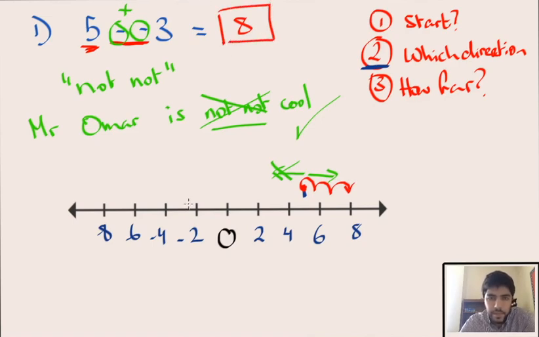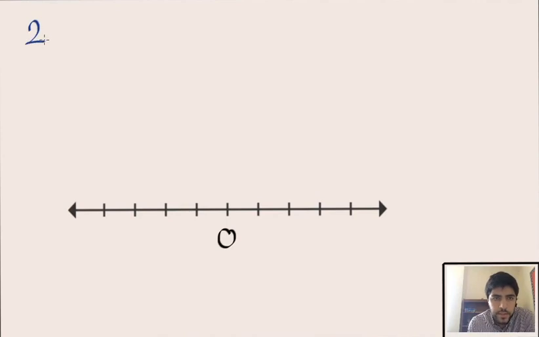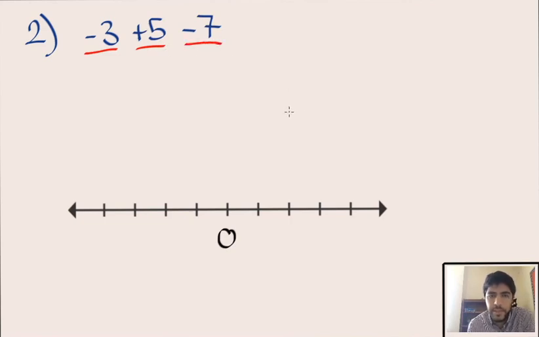All right, next example. In this example, I'm going to have negative 3 plus 5 minus 7. So in this case, we have 3 terms. We have negative 3, we have 5, and we have negative 7. And we want to know what this is equal to. Now, in this situation, we just start from the left and move from left to right, one step at a time.